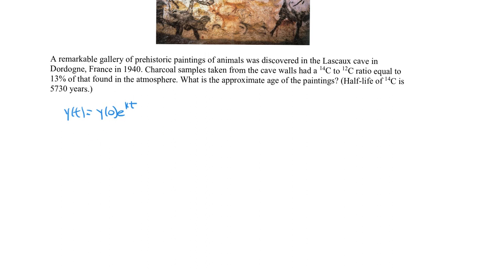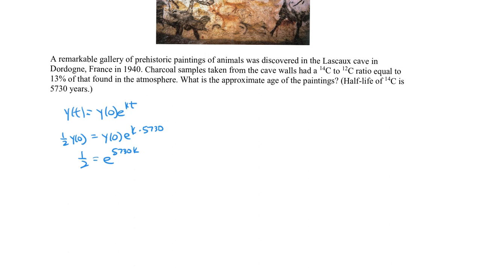So time is 5,730, and the amount we have is half the original amount. From here, we divide each side by y of 0, so they cancel out, and you end up with 1/2 equals e to the 5,730k.